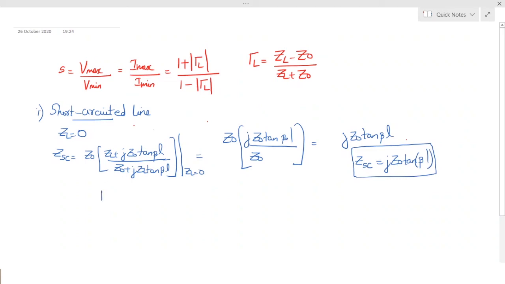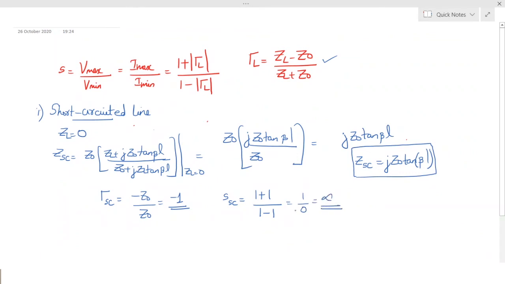Next, what is the reflection coefficient corresponding to short circuit? Here this is the equation. Again you substitute ZL is 0. So minus Z0 divided by Z0 is equal to minus 1. What about S corresponding to a short circuited line? It will be 1 plus modulus of reflection coefficient, which is 1, divided by 1 minus 1, that is 1 by 0, or infinity.